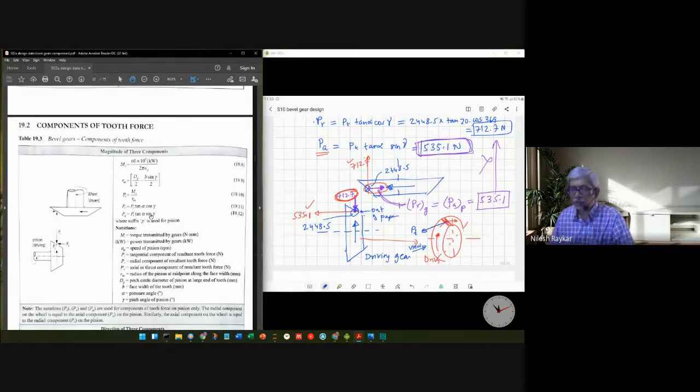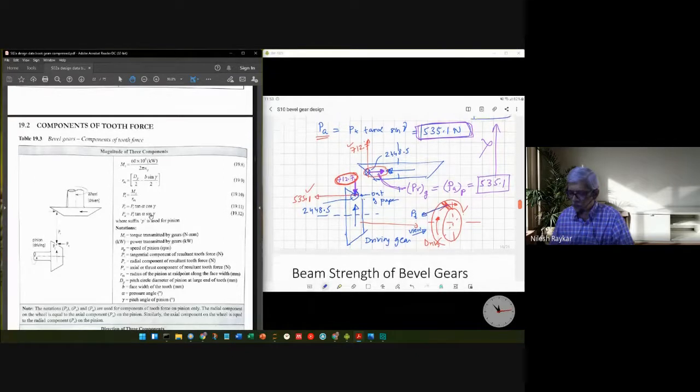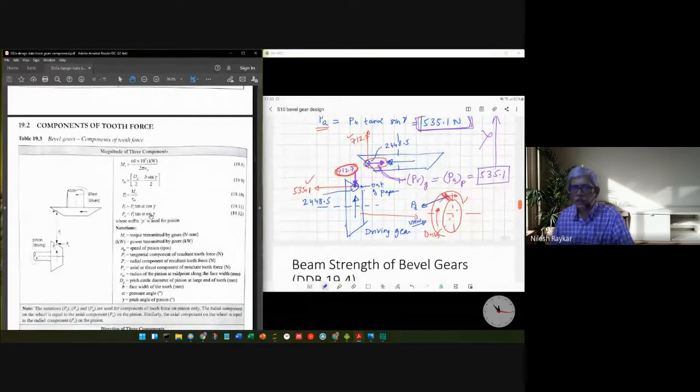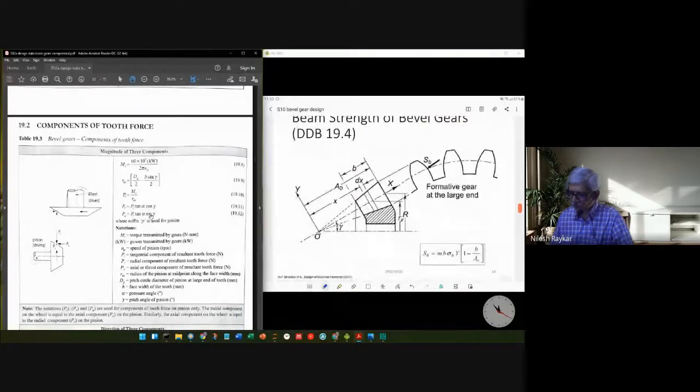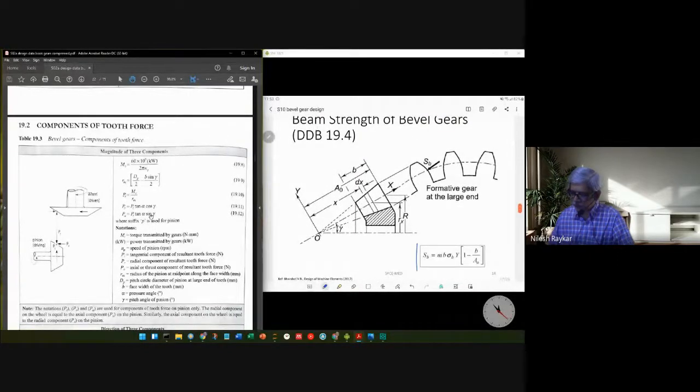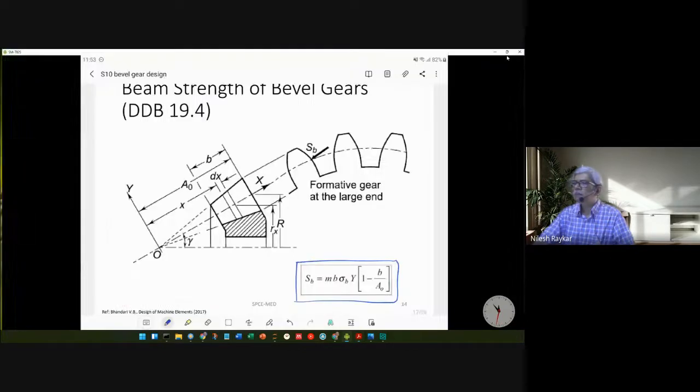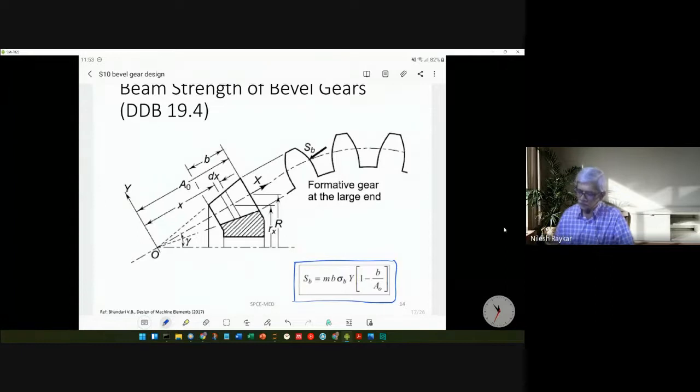So next we'll be developing the expression for the beam strength or the bending strength of the bevel gear. So the expression for that is as given in this particular formula. We'll derive this particular formula. Okay, so let's proceed.